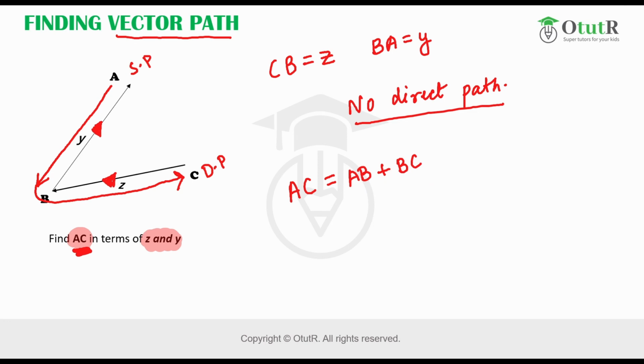Now, going from A to B is basically the reverse of B to A. So A to B is nothing but the reverse of B to A, and similarly going from B to C is the reverse of C to B, and we have the values of BA and CB, right? So we are just going to replace the values. Okay, so AC is nothing but minus y minus z.